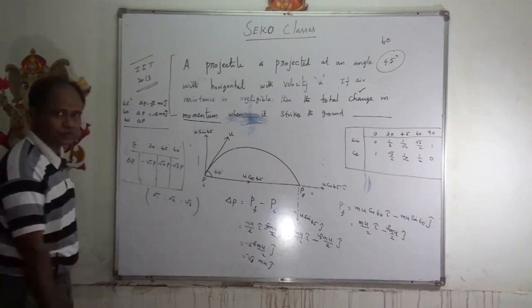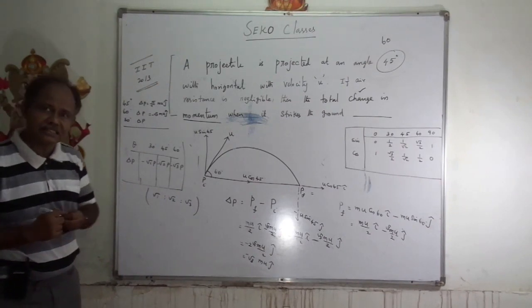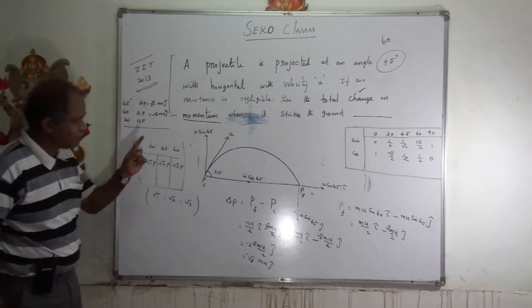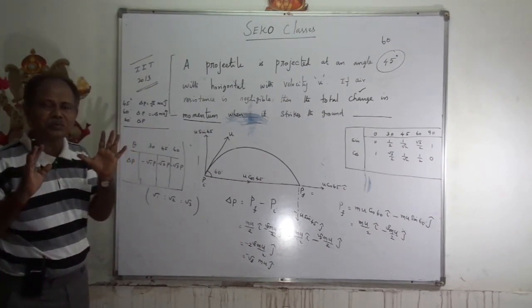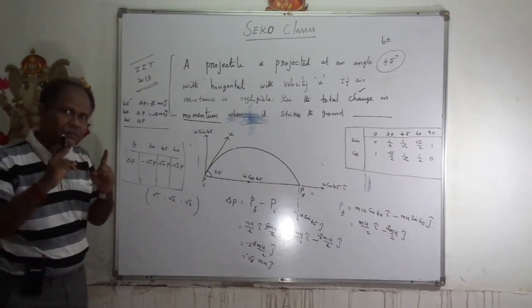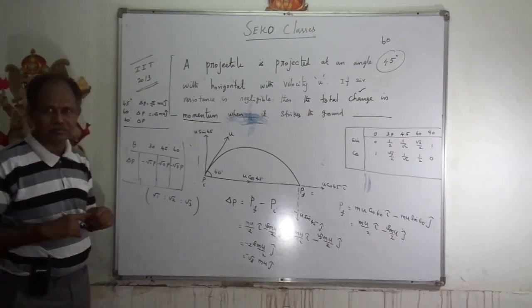Just remember this ratio. For example, they may ask a question like this: the angle of projection is between 30 to 45. Then the answer must be between root 1 to root 2.